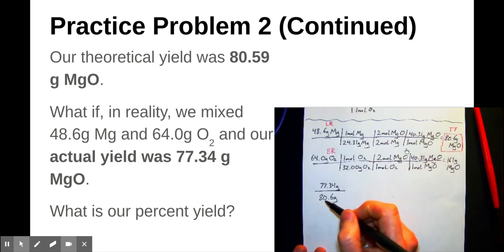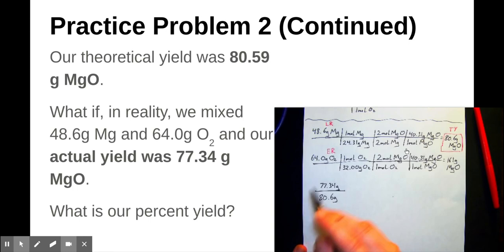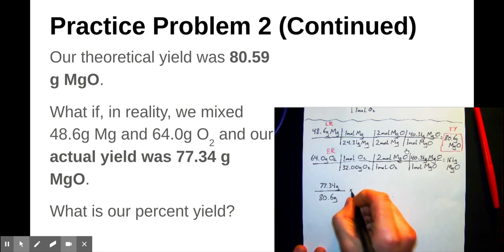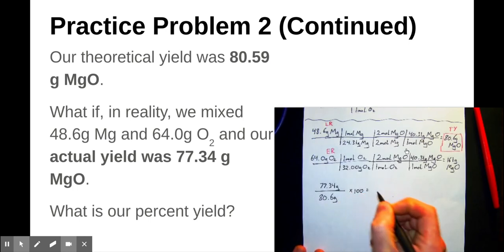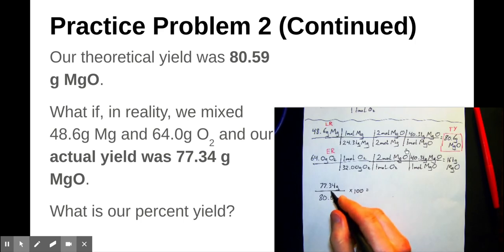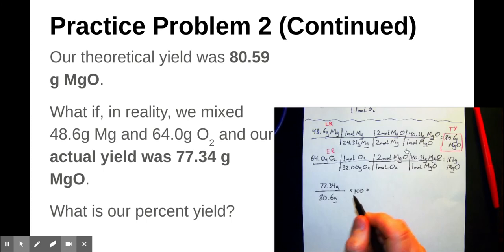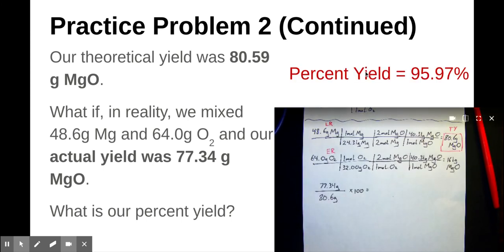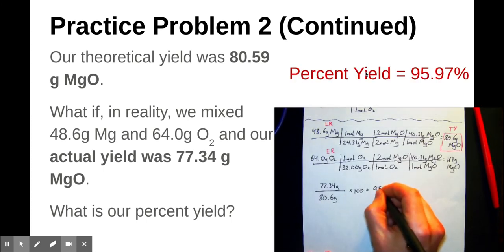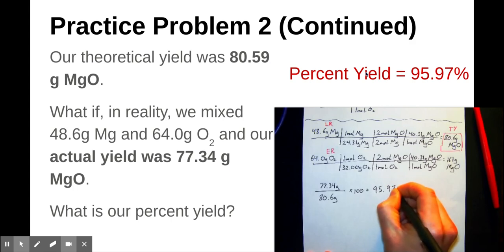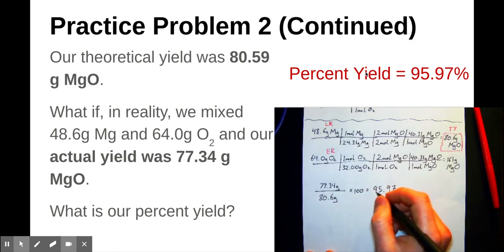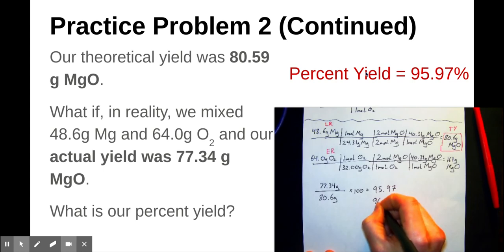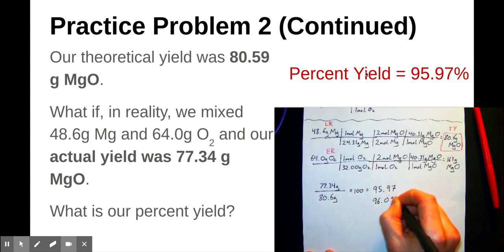So 77.34 divided by 80.6 times 100 should give us 95.97, or since we're dealing with three significant figures, we'll say 96.0%. That's our percent yield.